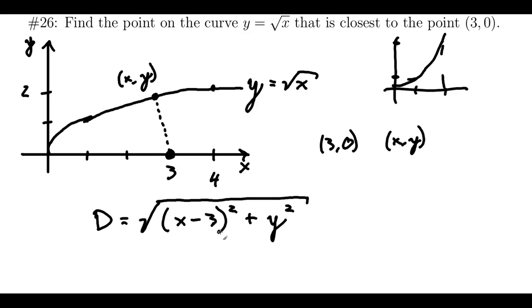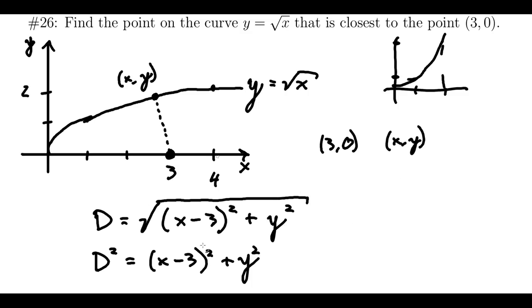So if you have two distances and one of them is larger, and you square both, the larger distance has a larger square. So what we often do, instead of optimizing distance, is optimize the squared distance. Right? So we don't have that radical. And a lot of our algebra is easier, a lot of our calculus is easier.